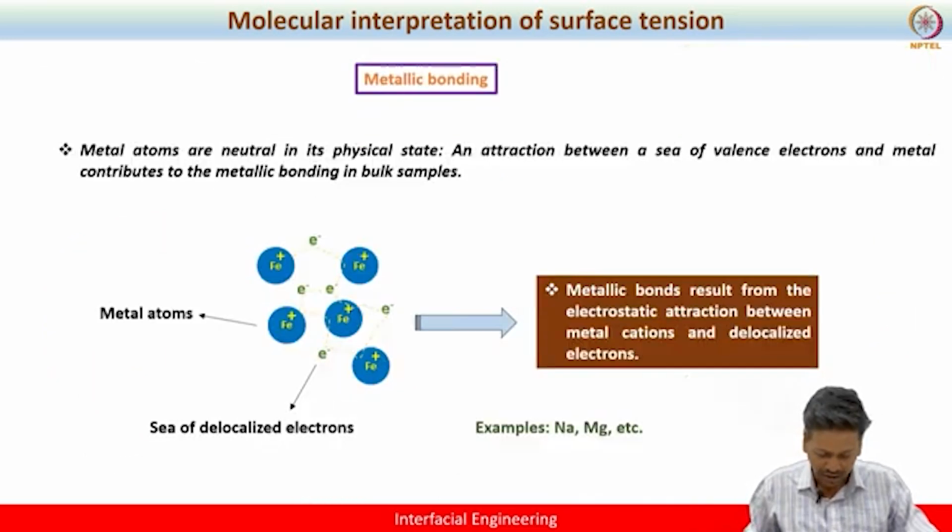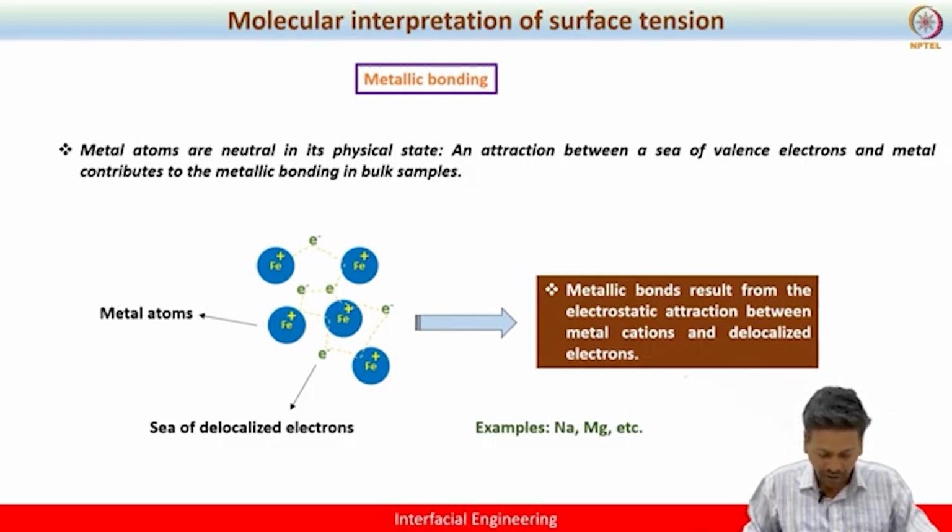Okay, so this is one type of physical force. The other one is metallic bonding. So this exists between metal atoms. Usually these metal atoms are surrounded by a sea of valence electrons.